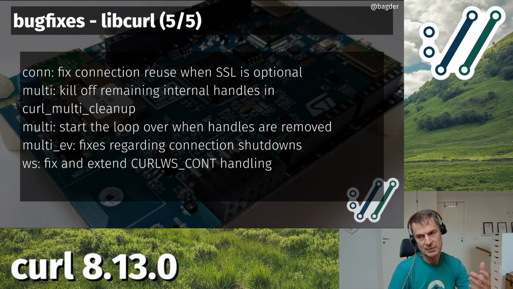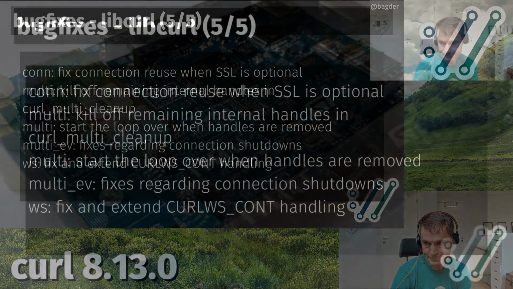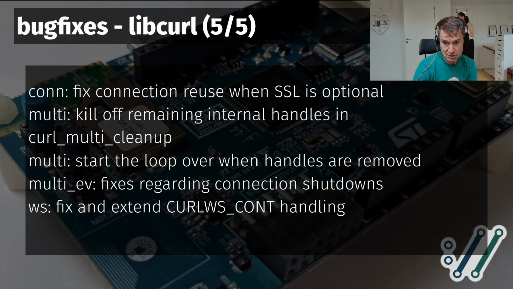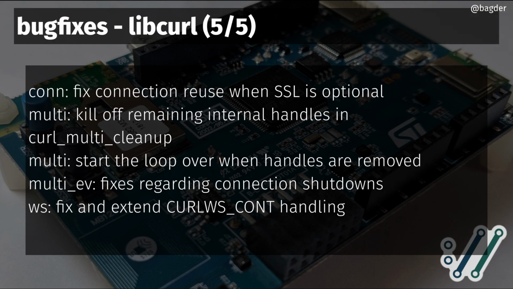I think what confuses people is that it's called CURLWS_CONT as in continue, but it's not exactly the same as the underlying WebSocket cont opcode, or I think it's continue in WebSocket. So anyway, you really should read the documentation if you want to figure out how this works, and not just assume that you understand because you understand WebSocket.